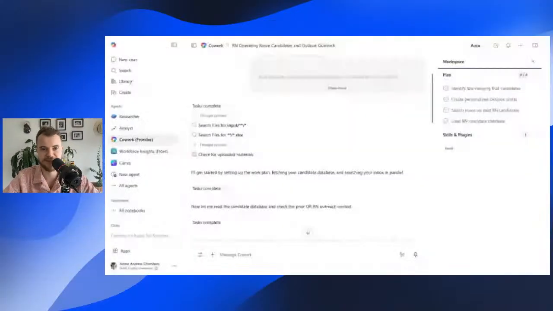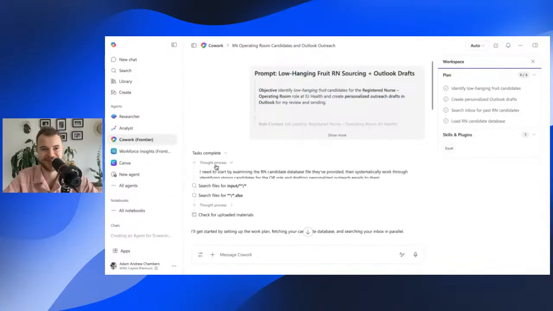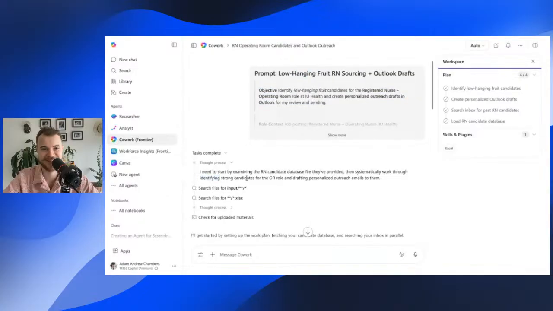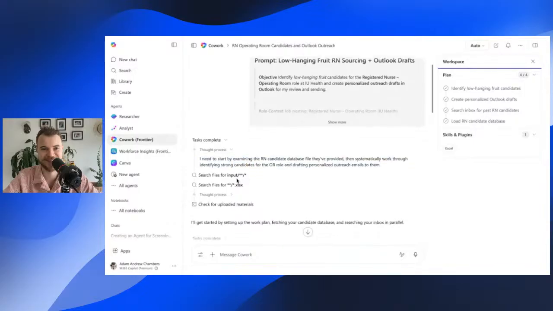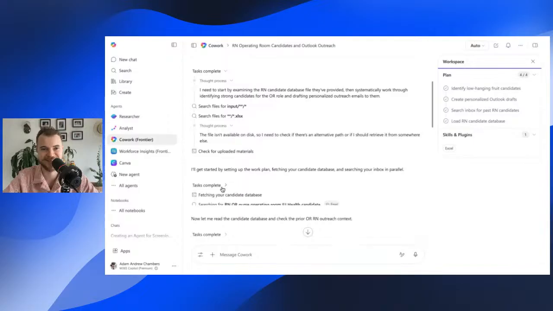And see here, it's making those autonomous decisions. Oh, sorry, didn't put it on my screen. Here's the prompt. It's making the autonomous decisions where it's saying to itself and us, I need to start by examining the RN candidates. The file isn't available, so I'm checking an alternative path.